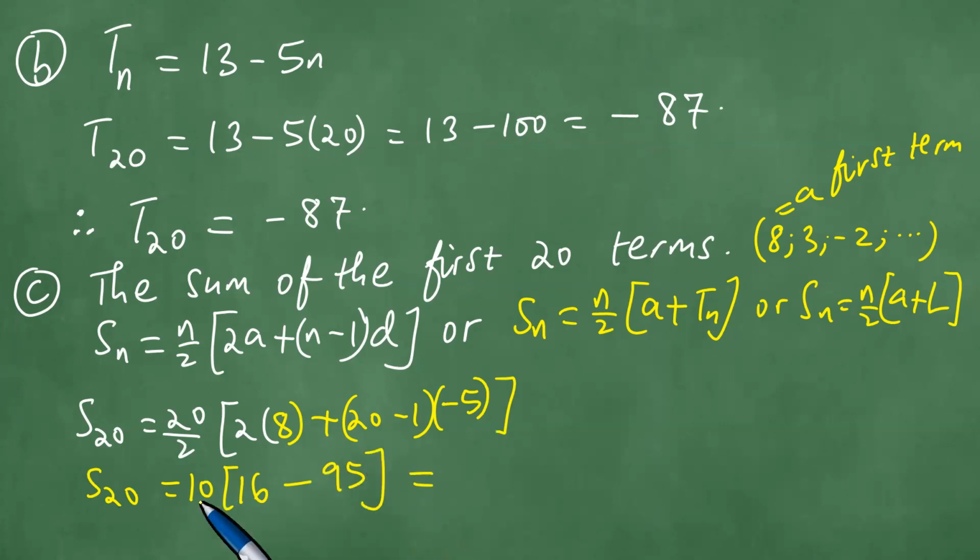And then you just put all this on the calculator, and you have 10 into 16, 10 into 16 minus 95. What are you getting, guys? Minus 790. Is it minus 790? Yes, sir. Okay. All right.